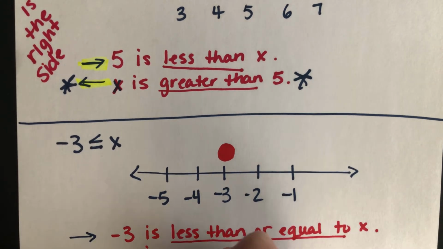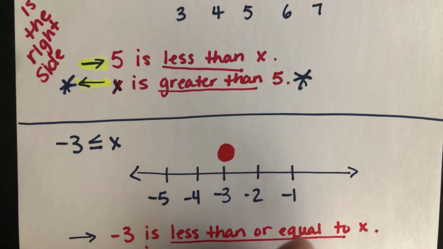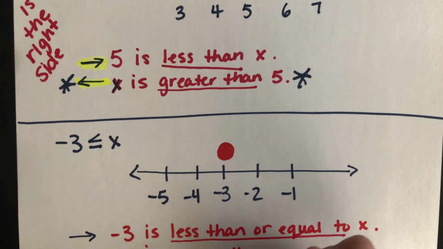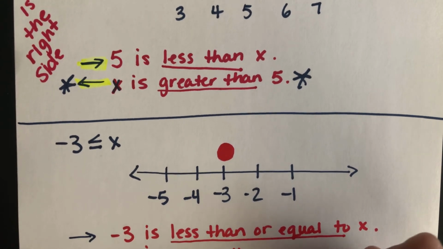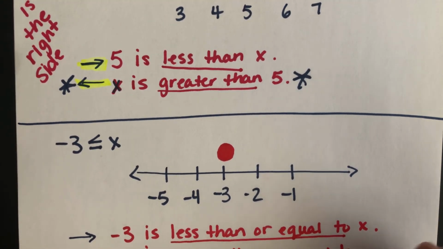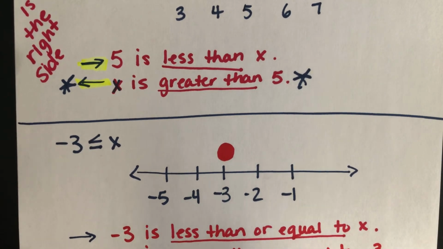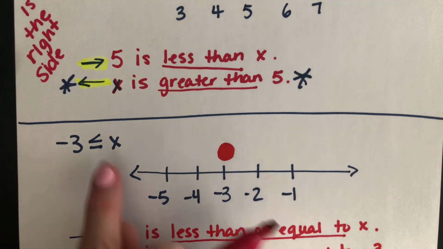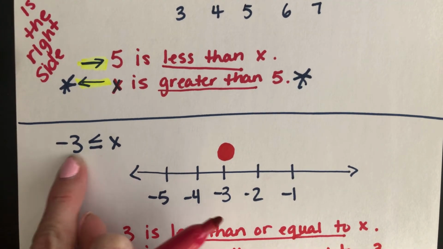Opposite of less than is greater than or equal to -3. So now my less than becomes greater than. X is greater than or equal to -3.